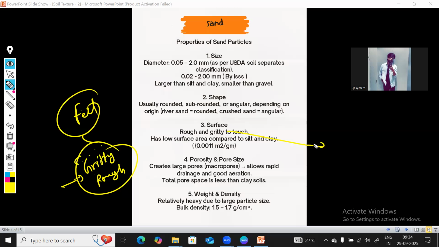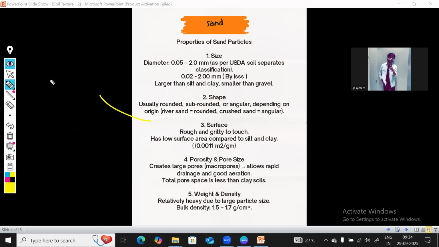Sand particles are bigger, and clay particles are smaller. So why does sand have low surface area and clay high?